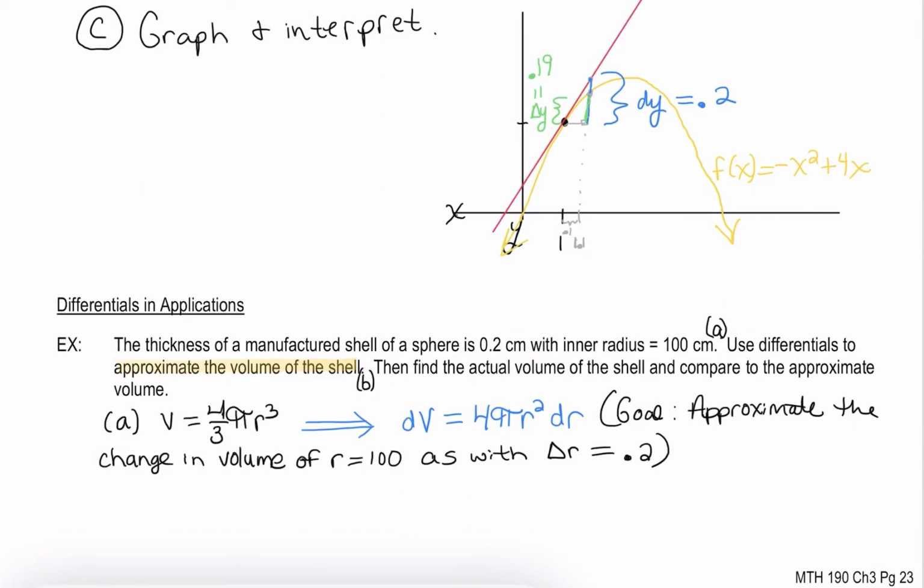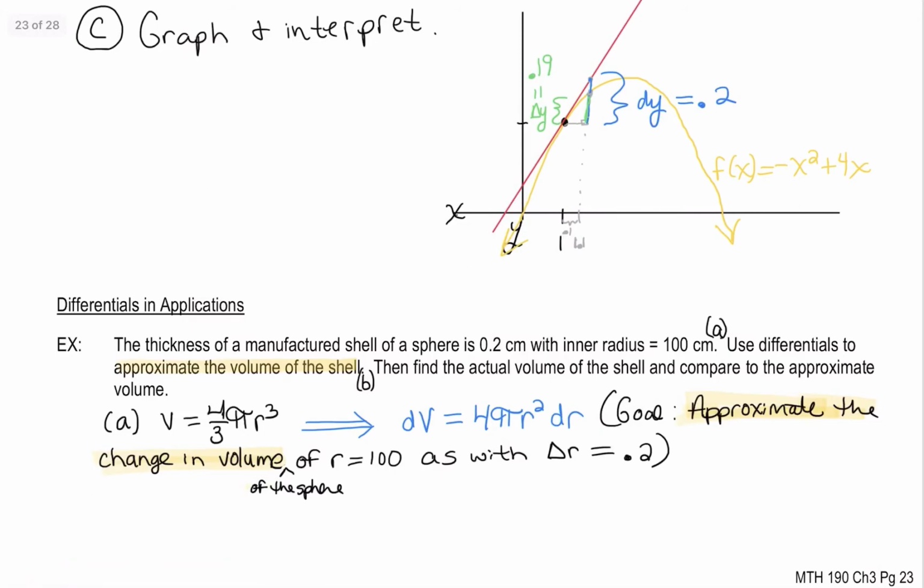So we're trying to approximate the volume of the shell. That means we're trying to approximate the change in volume, specifically the change in volume of the sphere, right?